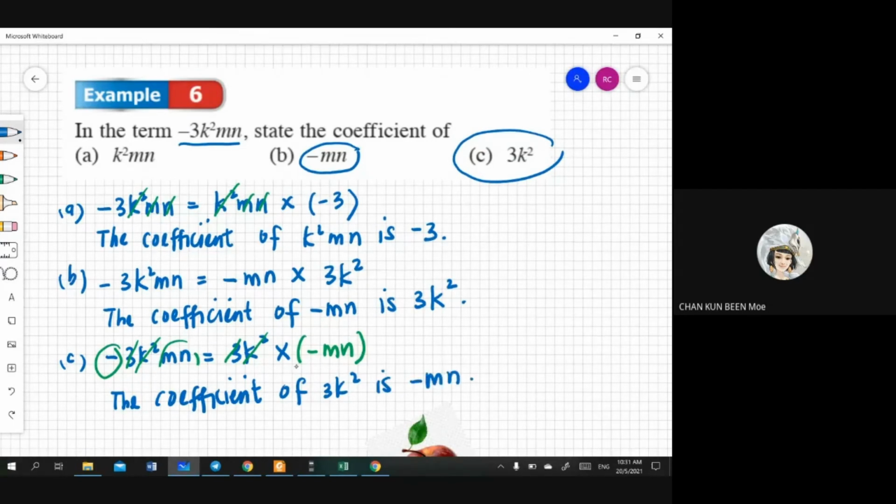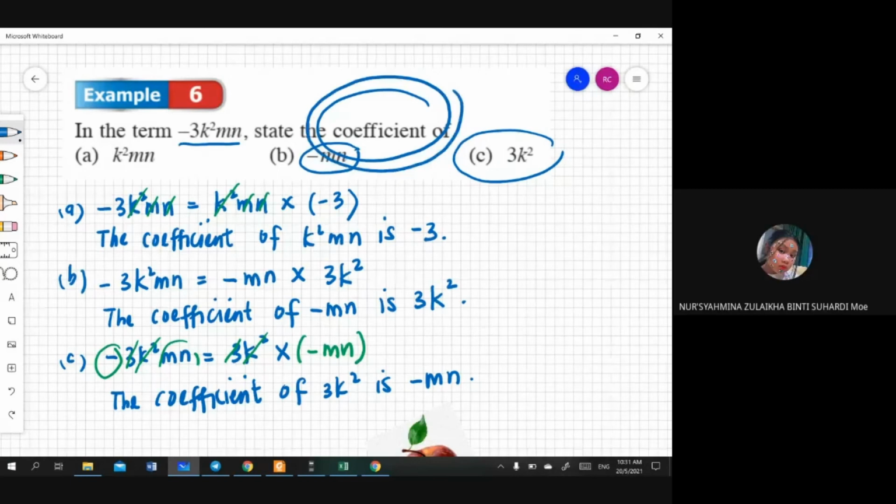Yes, very good. Okay, can you all identify the coefficient? Yes. You already learned how to identify the term, and then you learned how to identify the coefficient.